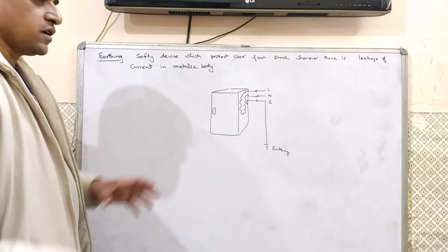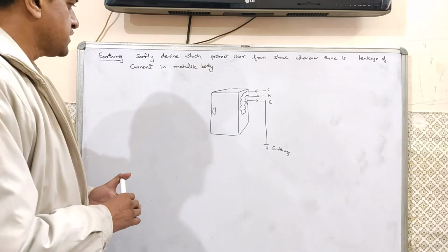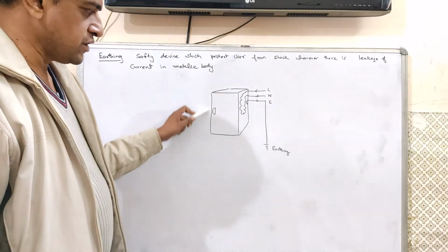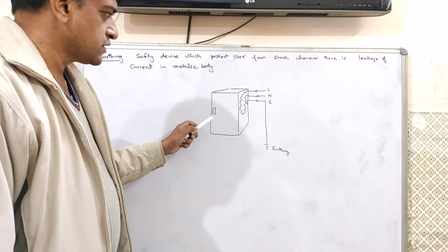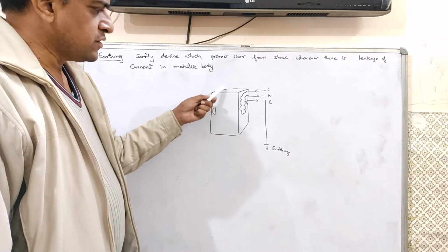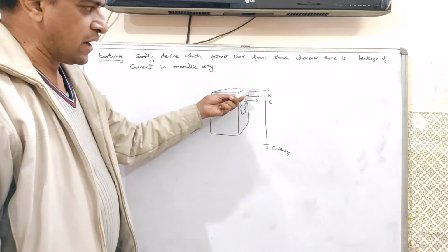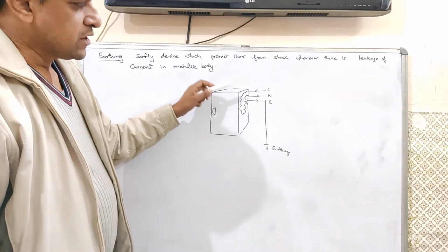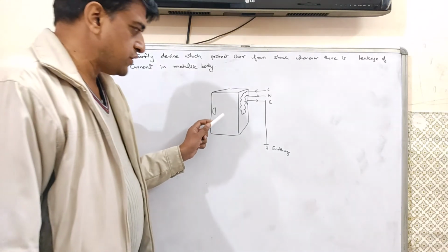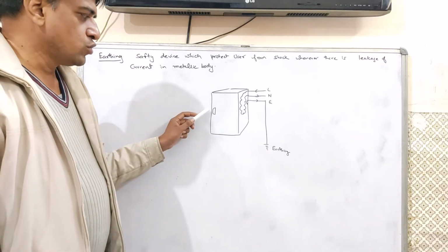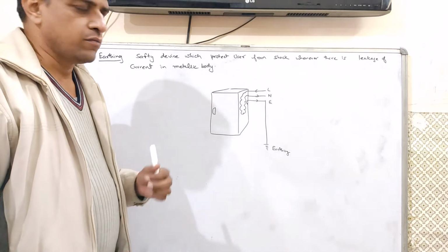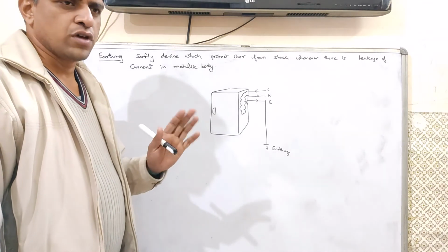Now our next part is earthing. It is another safety device which protects the user from shock whenever there is a leakage in the metallic body of the device. Suppose there is a refrigerator in our house and there is a problem in the insulating covering of the live wire, due to which the live wire current is passing through the metallic body of this refrigerator, and whenever any user touches it, he may get a severe shock and it may cause death to the user.